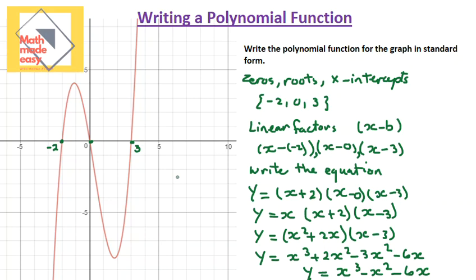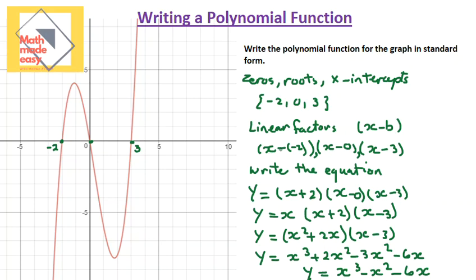So let's look back at what we said today. We said that these 3 points where the graph will intersect with the x-axis are either called zeros or roots or x-intercepts of this graph. We can change these into linear factors, factors of the equation. The linear factors are in the form of x minus b.